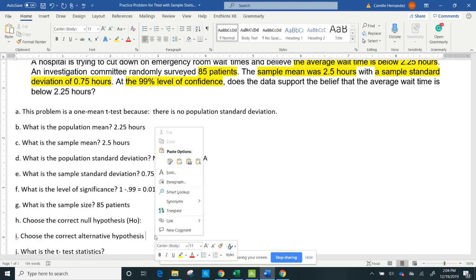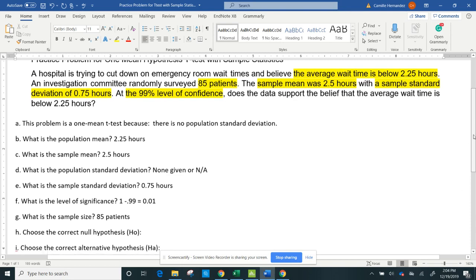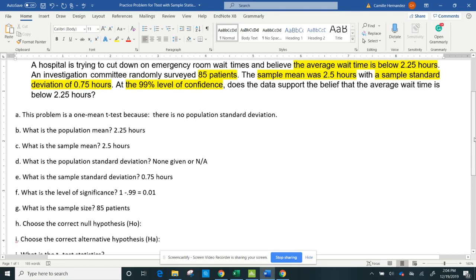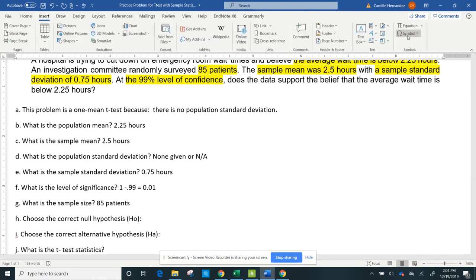Let me do this as HA. Okay, it wants below 2.25 hours. Below is the same as less than or beneath. So there's no equal sign with it. So I know that means it is going to be in my alternative. So this is going to be less than 2.25 hours.